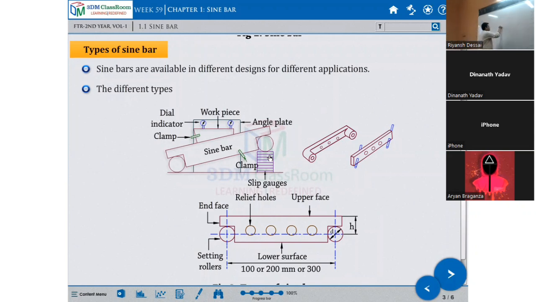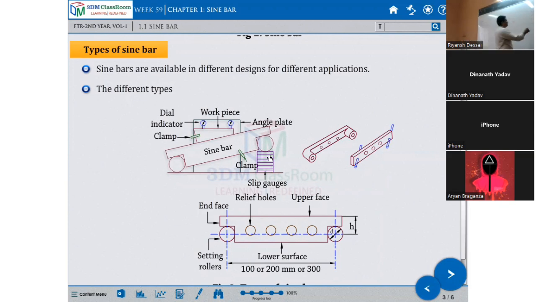The length of the sine bar becomes the hypotenuse side, and this forms the opposite side. For a right angle triangle, you should know there are three sides: adjacent, opposite and hypotenuse.